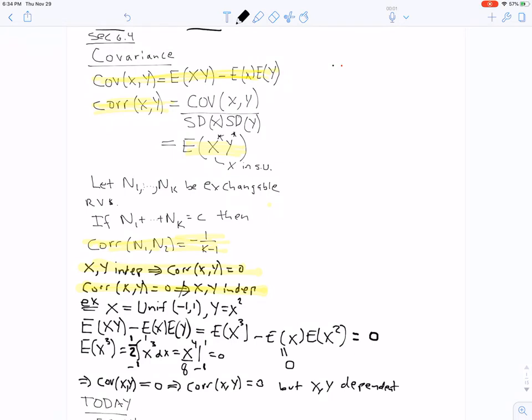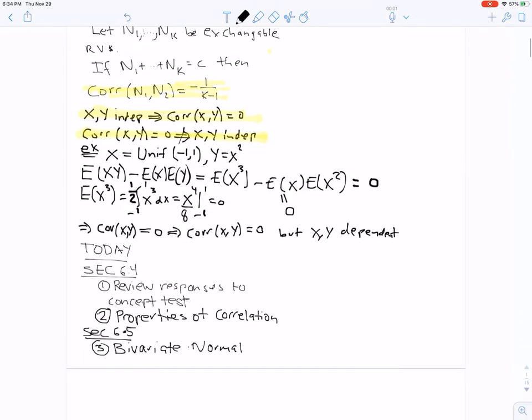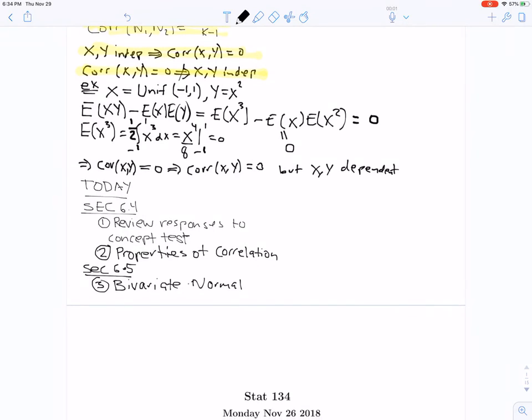For example, the integral from minus 1 to 1 of X cubed is 0, and the integral of X from minus 1 to 1 is 0. So there you go. So today we're going to finish section 6.4 and start 6.5.